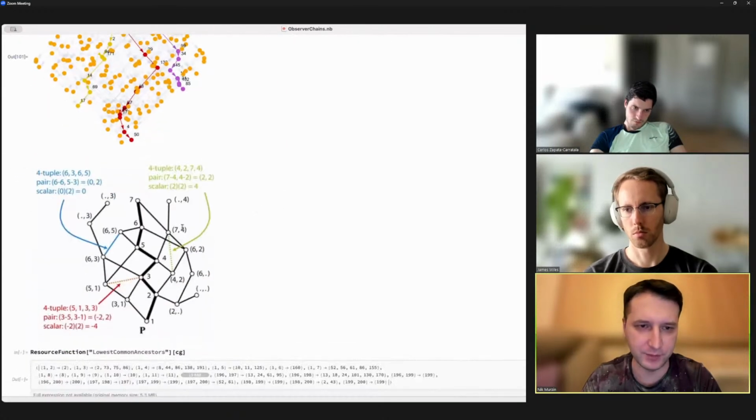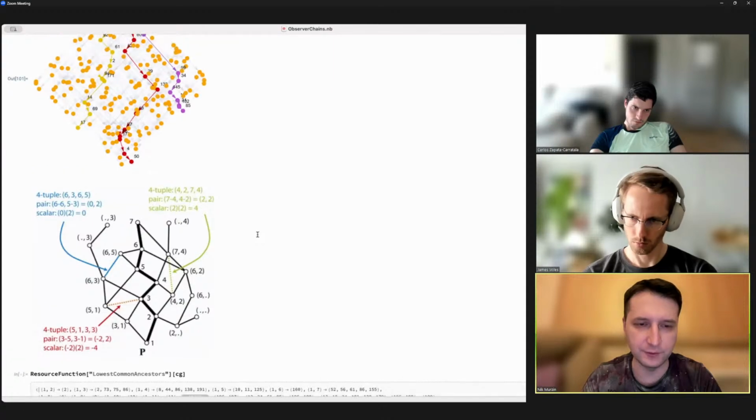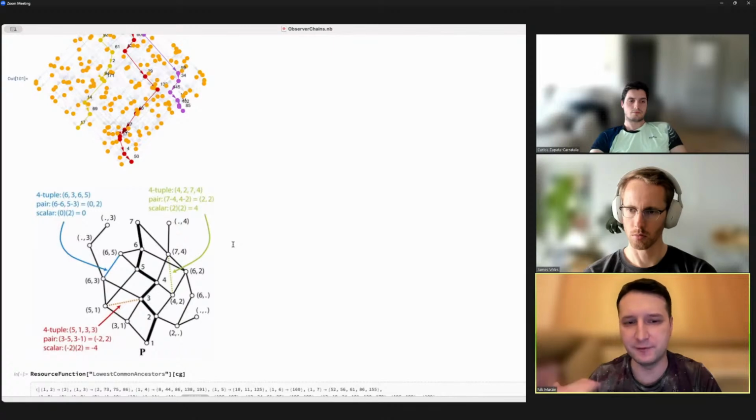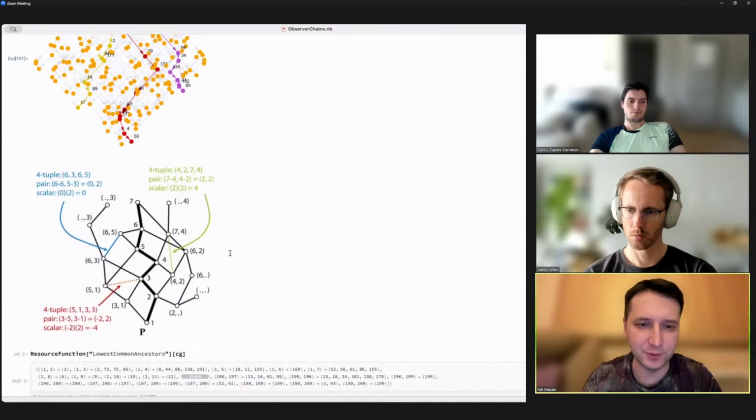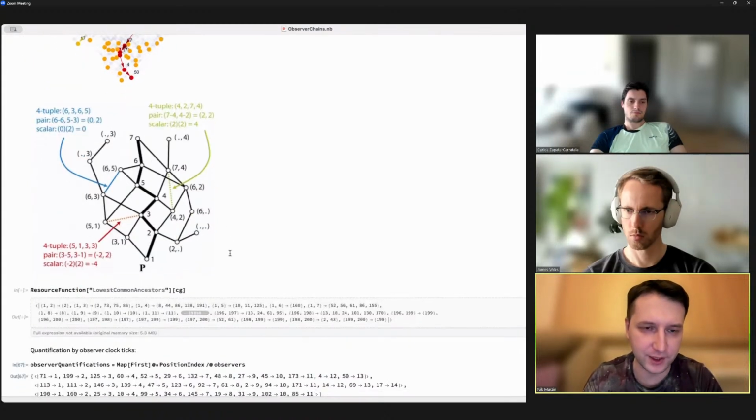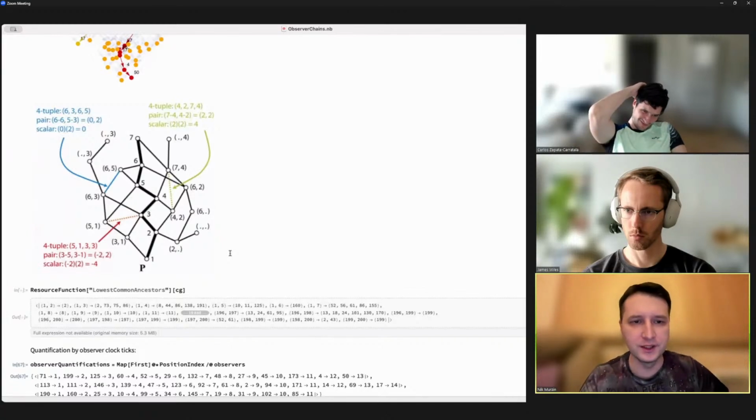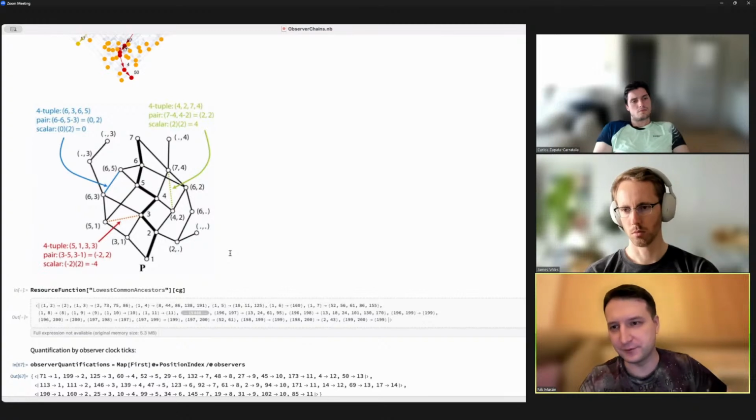This is a picture from one of Kevin Knuth's papers, where this idea of quantifying events based on these observer chains is described very neatly. Later I tried to actually turn it into code and assign those coordinates to arbitrary events and arbitrary causal graphs, so that you can imagine there is a function.